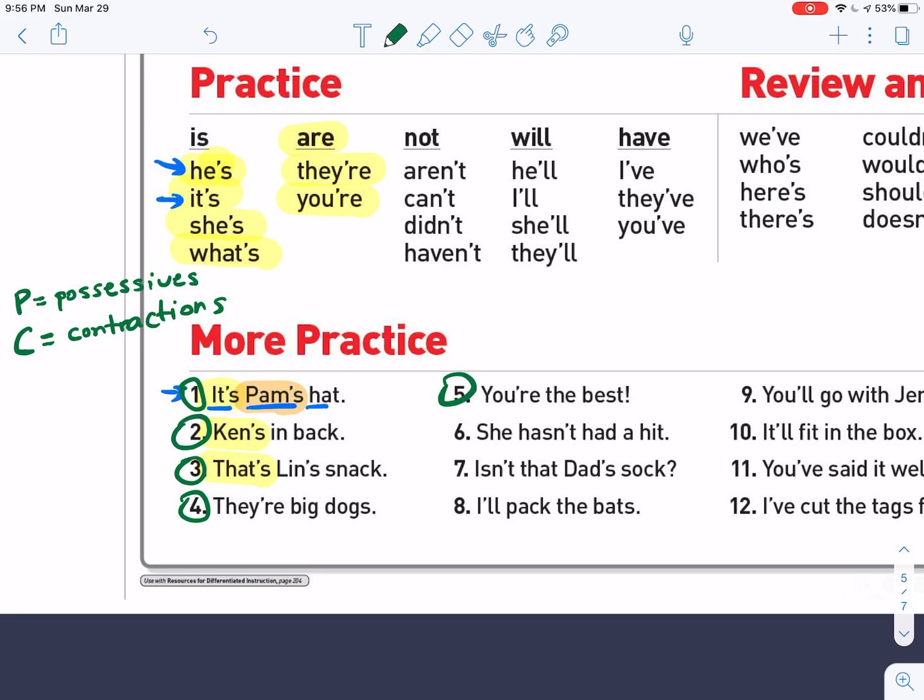For each contraction, write the contraction and the two words that make the contraction. So if you write a C, you need to have the two words that are making that contraction. Pause the video and do this now.